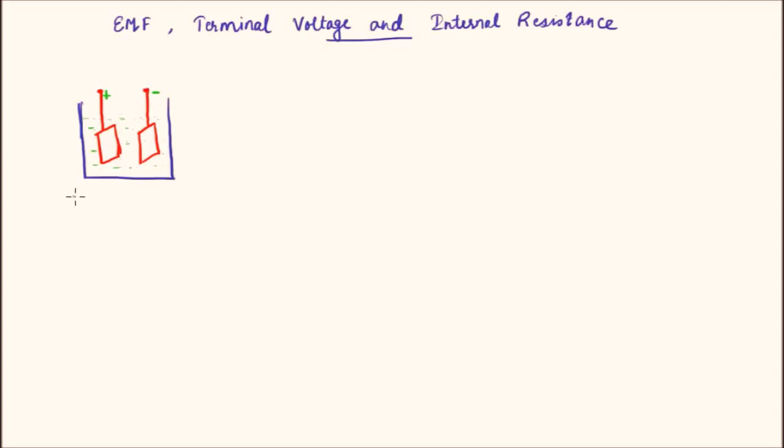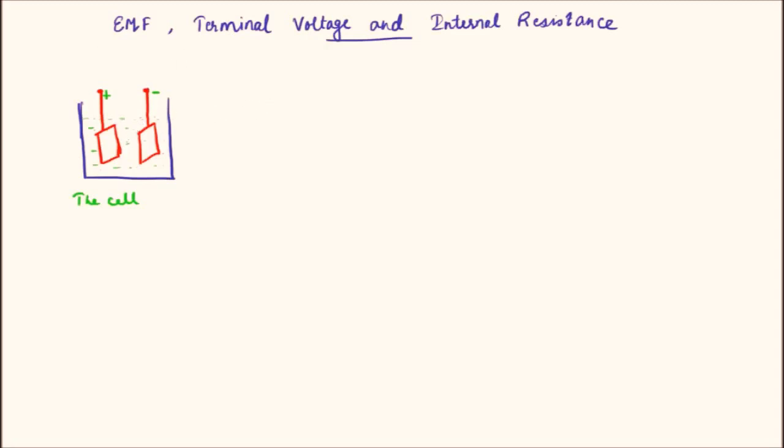So this is the cell. Now what is the potential difference between the electrodes? The potential difference between the electrodes can be thought of in two ways. There are two electric potentials depending on what condition we are thinking about.